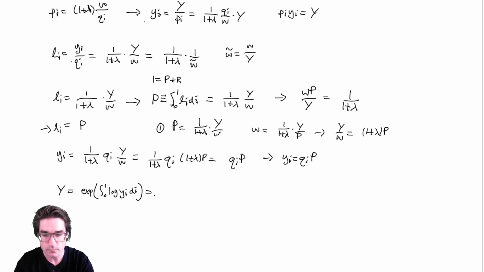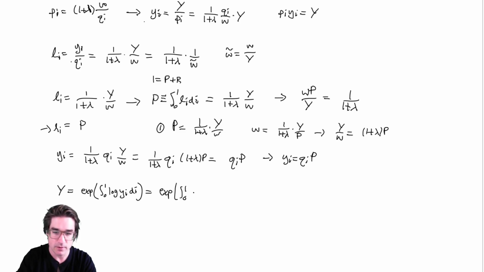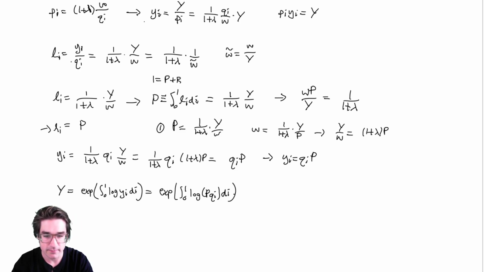So this is constant returns to scale, right? Remember, if you have log and the integral is from 0 to 1, it's constant returns to scale. We know that, so we may as well spread it out. So this is the integral from 0 to 1 of log of P Qi di. Plugging in, we know P is going to factor out.